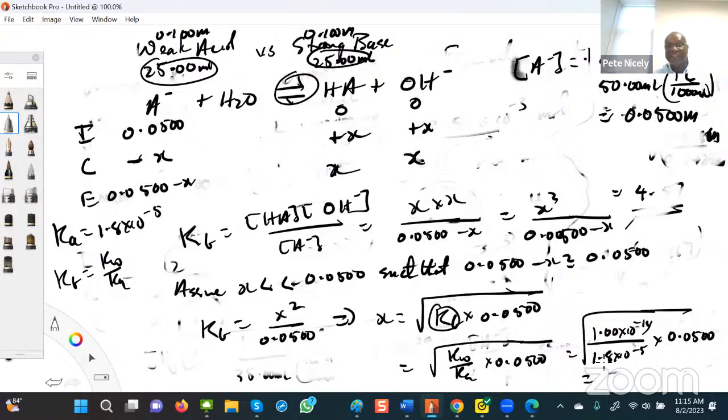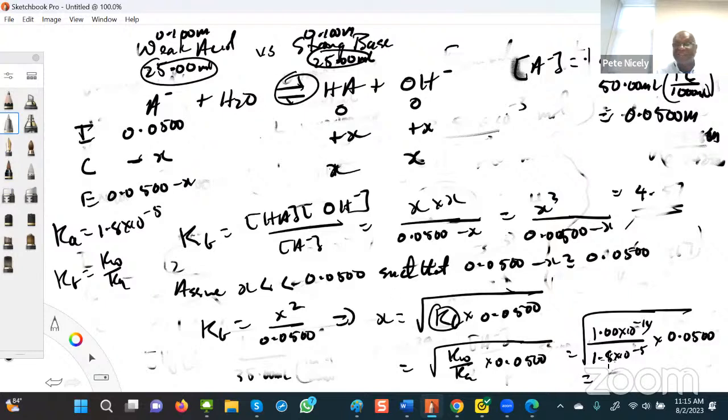And let's see what that gives. And then I find the square root of that. Okay, so according to, oh, wait a minute, I did something wrong here. Let me do this again. 1E minus 14 divided by 1.8E minus 5. And then I multiply by 0.05. And then I find the square root.